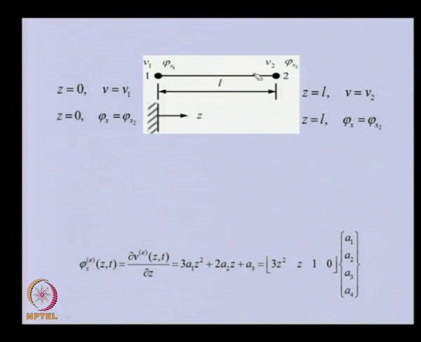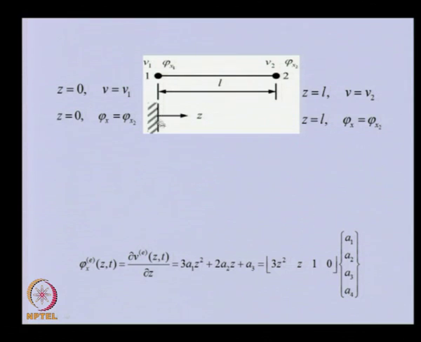This is the particular element which we have chosen. It has 2 nodes at 2 ends, and at each node we have 2 displacements. One is V, the translational displacement, and another is phi, which is the slope. So there are 4 variables attached to this element.